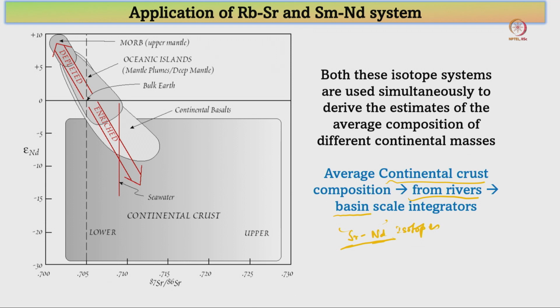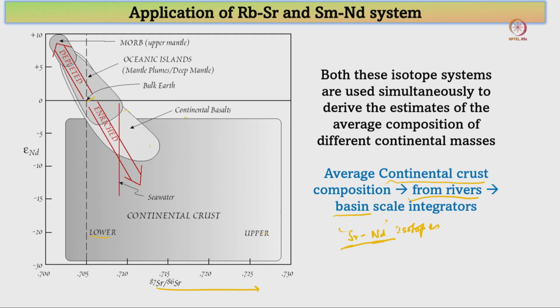As you can see, the crust will have more radiogenic isotopes. This upper continental crust is more radiogenic as compared to the lower continental crust. This is the continental basalt values, this is the bulk earth value.